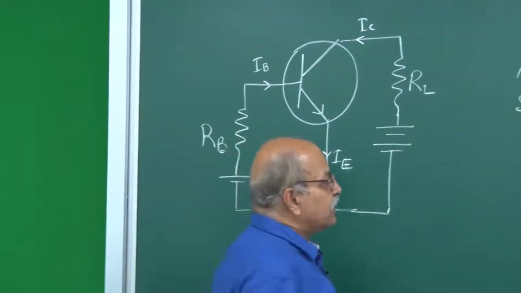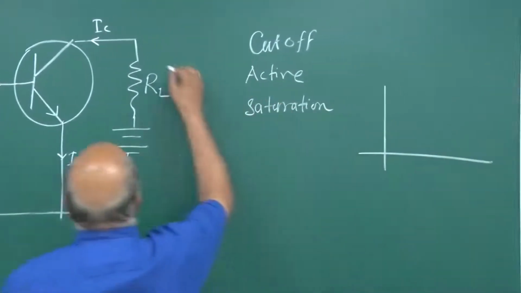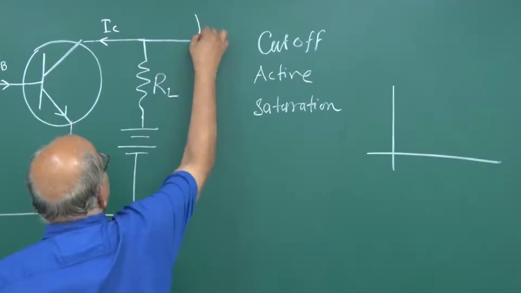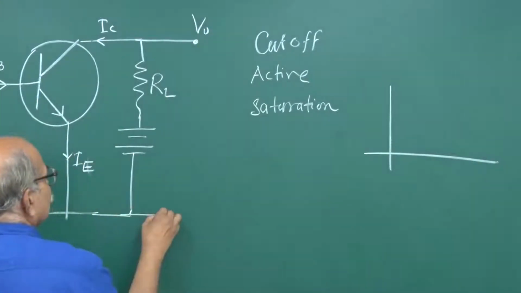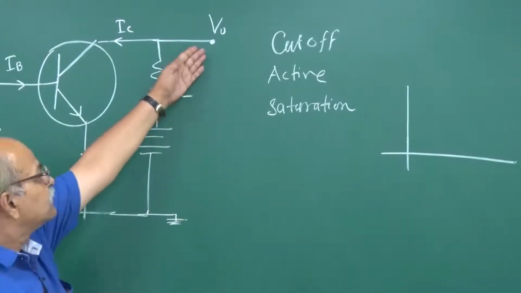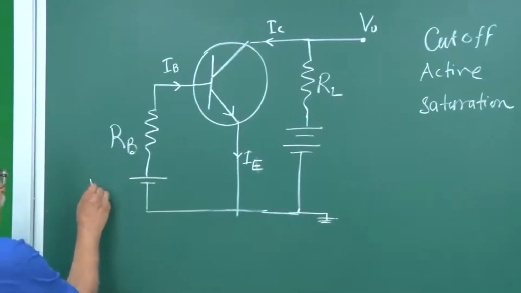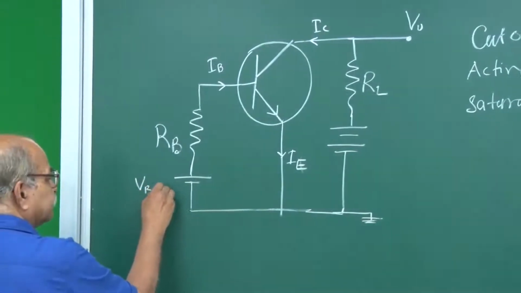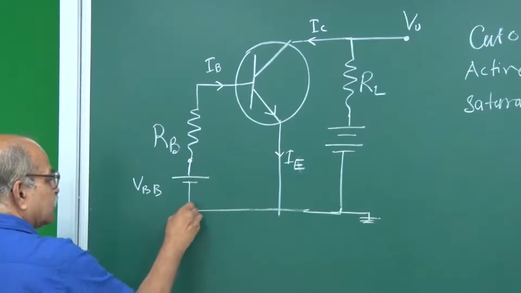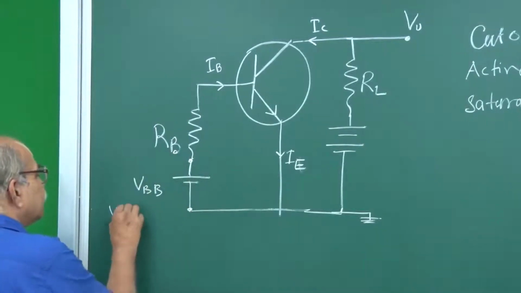So, if you draw a graph of say output voltage, this is our output voltage VO, this is 0 voltage, ground which we call. So, if you draw graph between this output voltage here and this input voltage here that you are applying, VBB, which you can call VI, input volt.